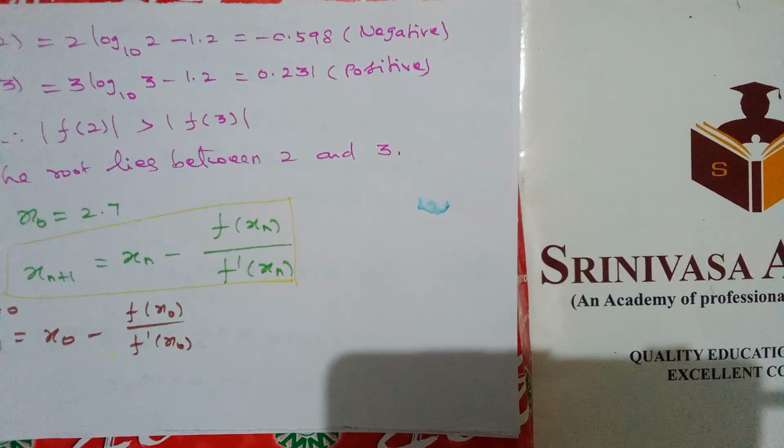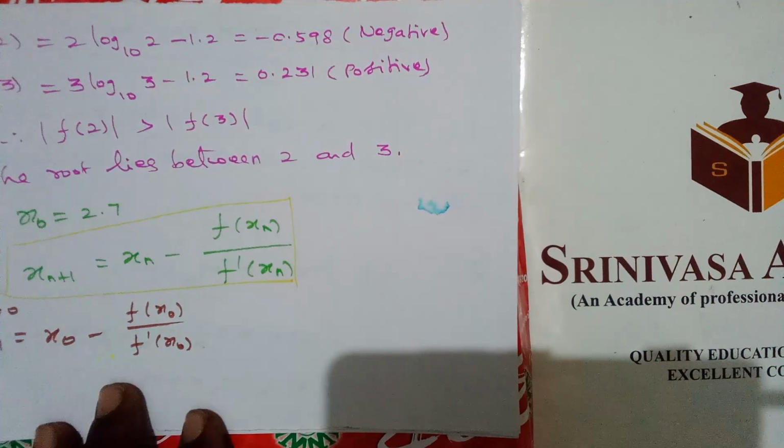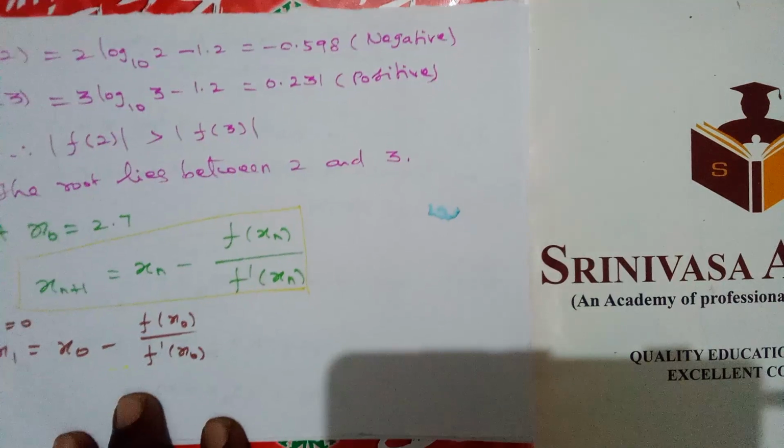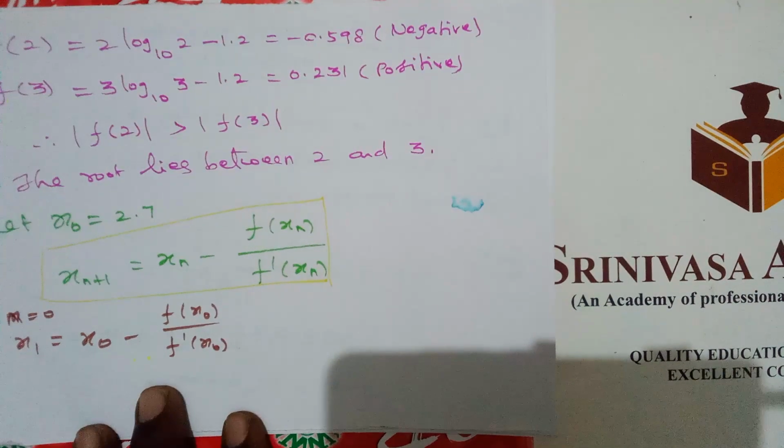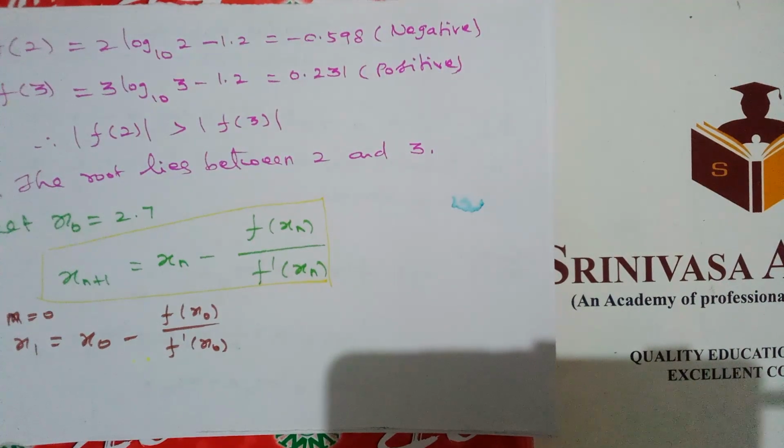If I put 2 for x, 2 log 2 base 10 minus 1.2 gives minus 0.598. It is a negative value. Similarly, I am going to apply another value, that is 3. So f of 3 is equal to 3 log 3 base 10 minus 1.2, which gives 0.231.